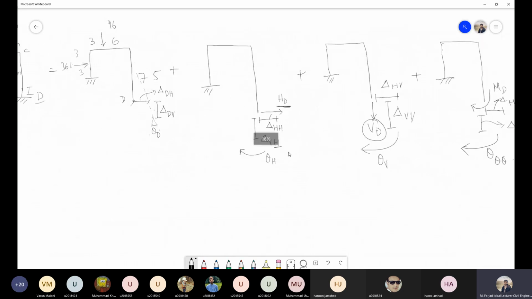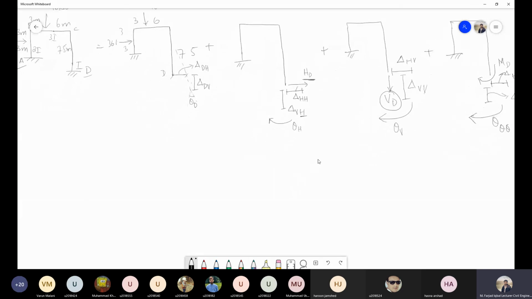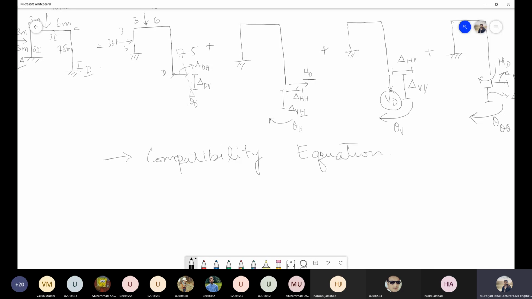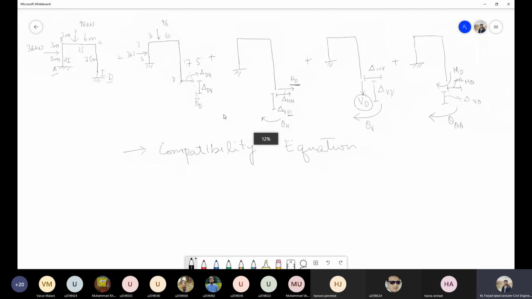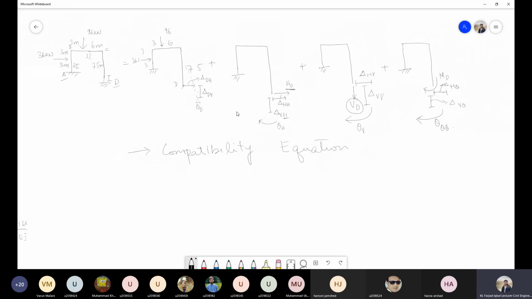So these are our four structures, and quickly we can write the compatibility equation, and in the next class we will be solving this one. So the compatibility equation for this particular frame, first we will write the equation for the horizontal deflection. For example, in this initial frame at point D, you can see there is no horizontal deflection, so that will be 0.